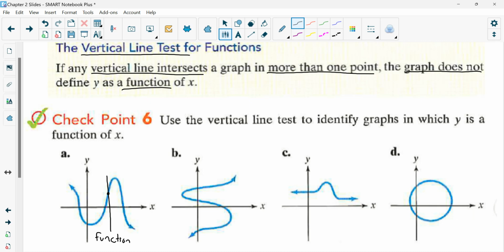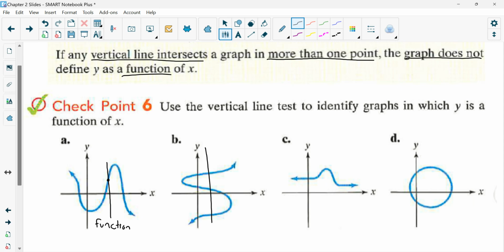For number 2, here, if I draw a vertical line right there, it's crossing at 3 spots, meaning this would not be a function. All right, take a moment and do those C and D then.